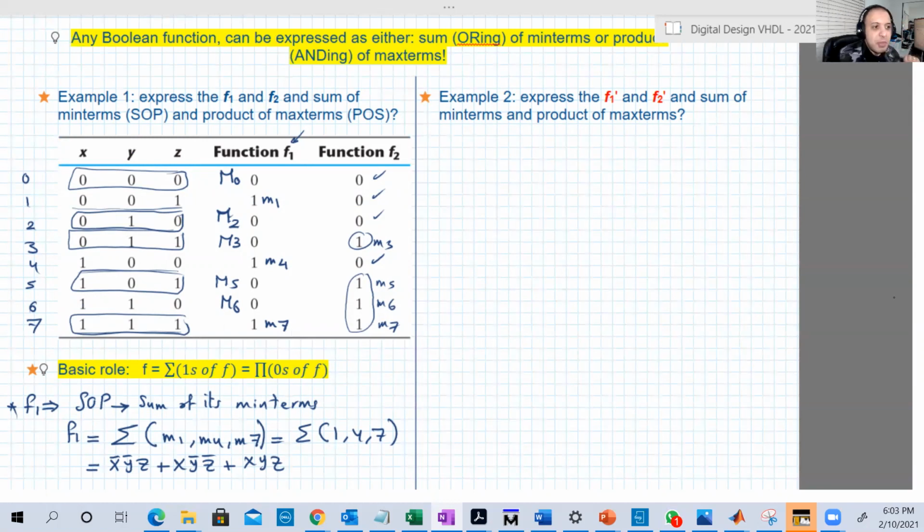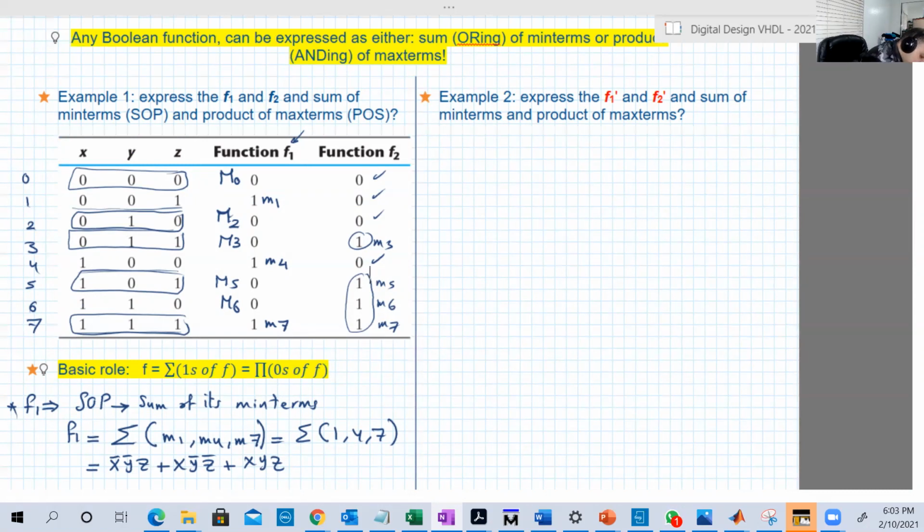But how about their complement? Okay, their complement. So basically here, let's write down some insightful property for any function expressed as a sum of product or product of sum.